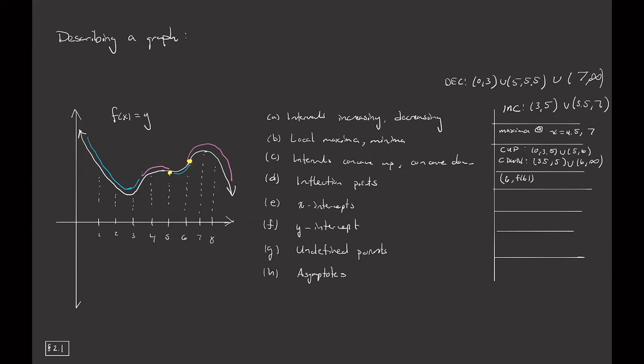Then we have this point, which is 5, f of 5. And then I think there was one more, and that looks like it's 3.5, f of 3.5. So 3 inflection points.